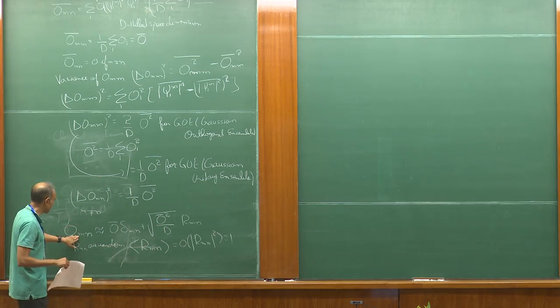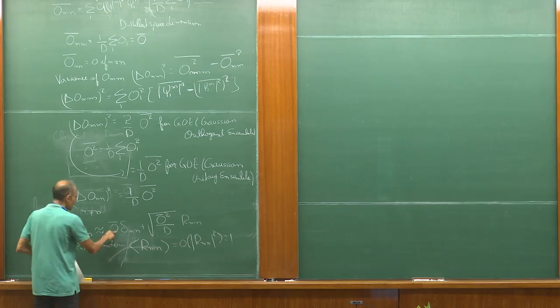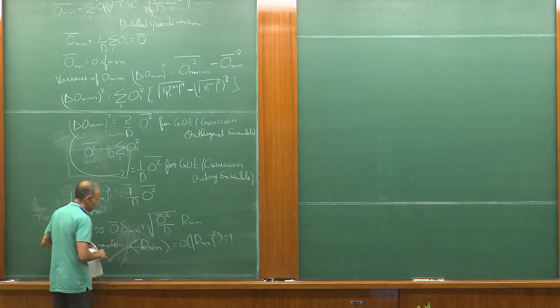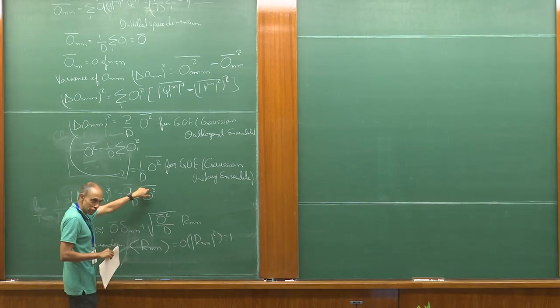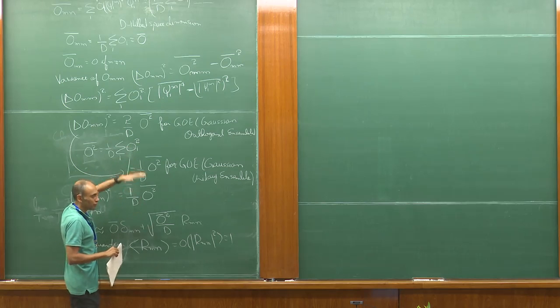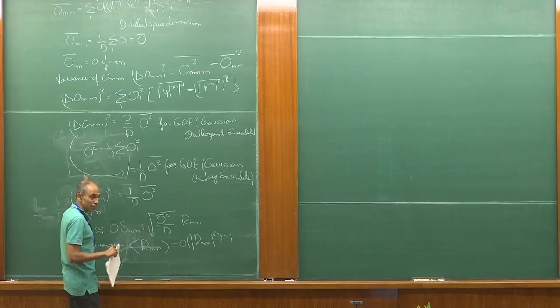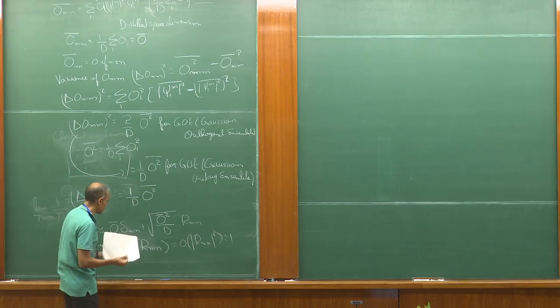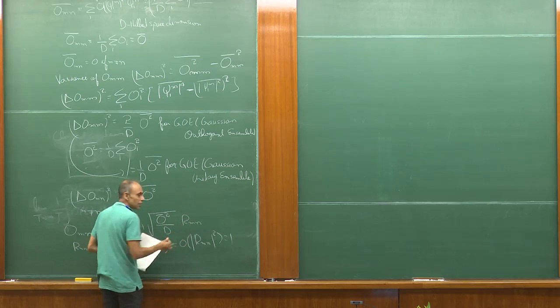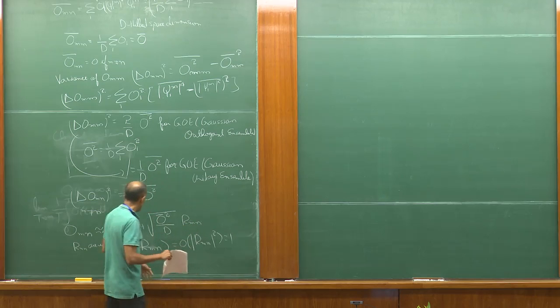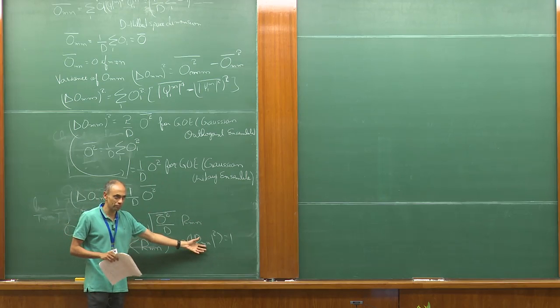So what we are saying is that O_mn is equal to the average of O_mn plus delta O_mn, as we've written here. We don't need to worry about the variance about the mean value for the diagonal elements, because the mean value is non-zero anyway. And just to indicate that there is a fluctuation about the mean value, we stick in these random numbers R_mn, which are random numbers of mean 0 and variance 1.